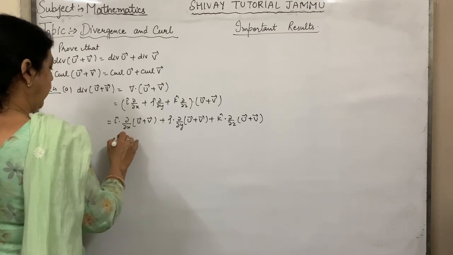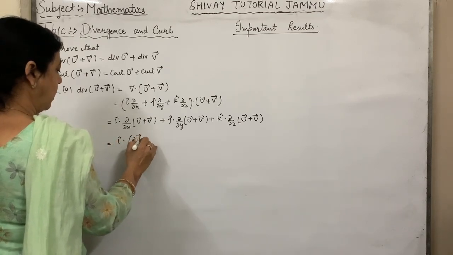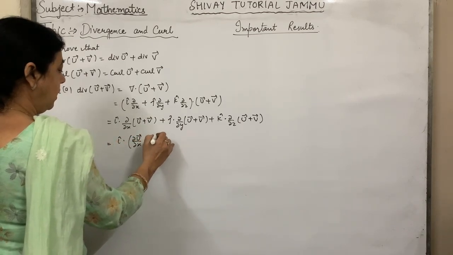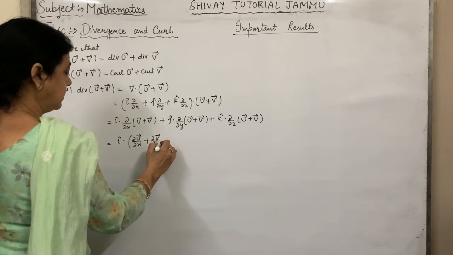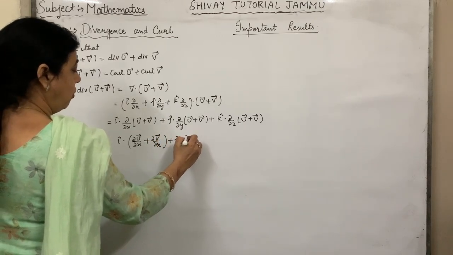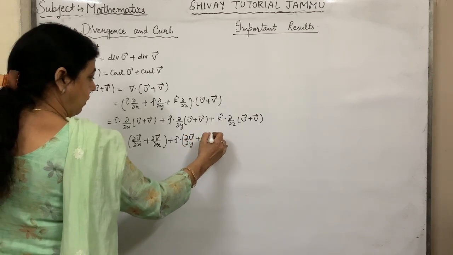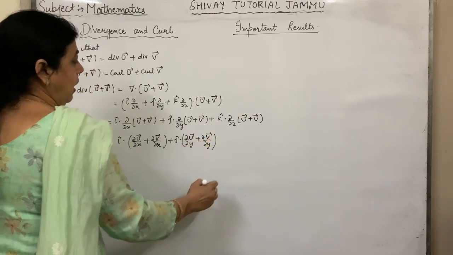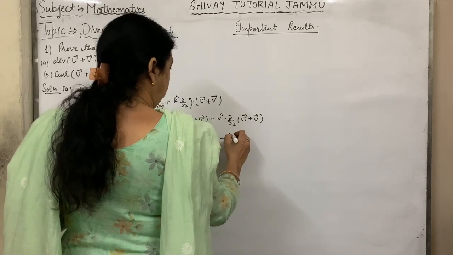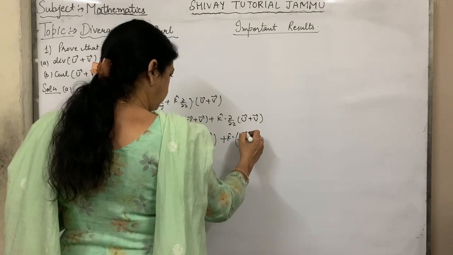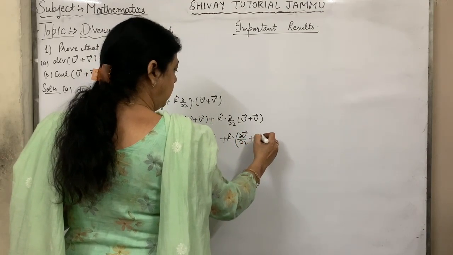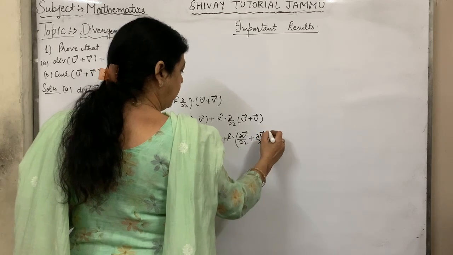Now i dot ∂u/∂x plus ∂v/∂x, plus j dot ∂u/∂y plus ∂v/∂y, plus k dot ∂u/∂z plus ∂v/∂z.